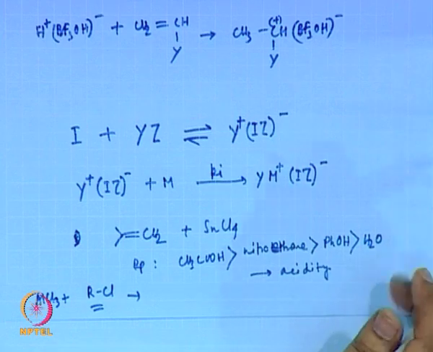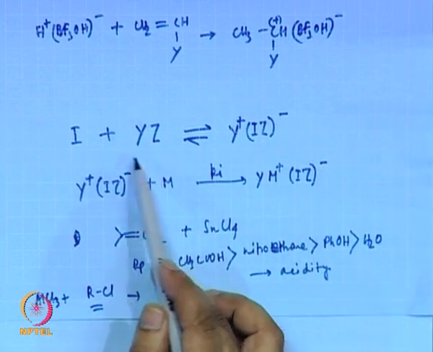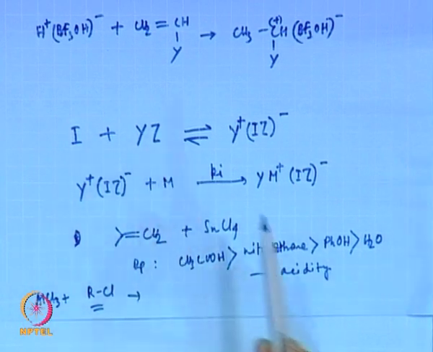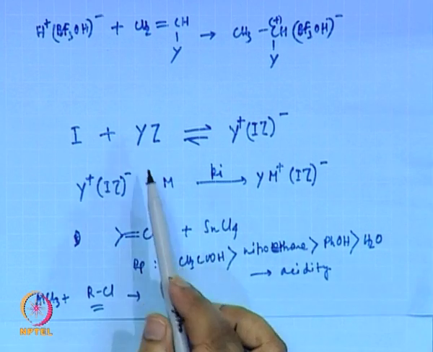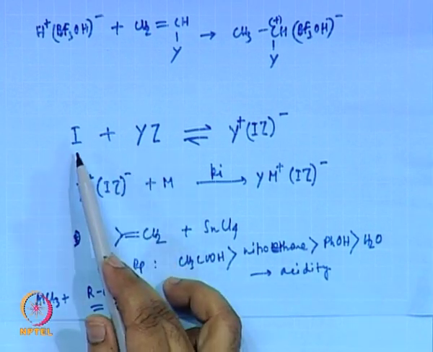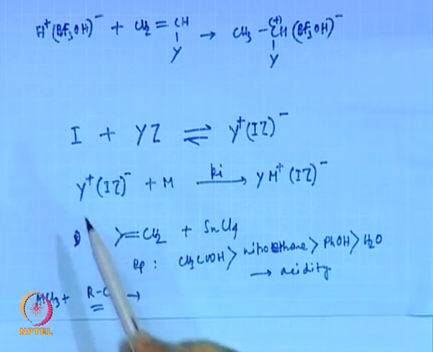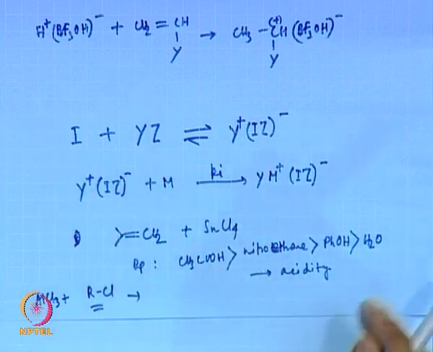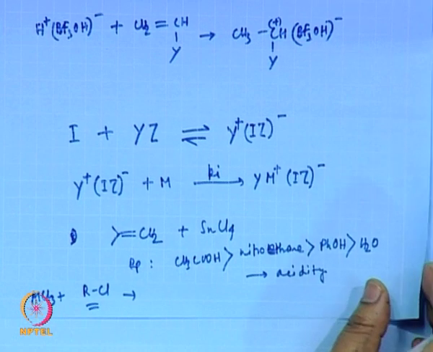So, you should just remember that the structure of the co-catalyst also affects the rate of polymerization, and we will now see that obviously the catalyst or the co-initiator also affects the rate of polymerization.